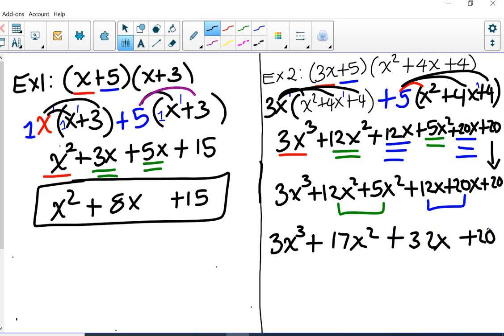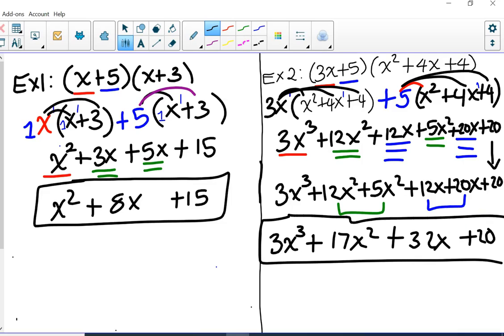Once I'm done, I want to make sure it's in standard form. That means from biggest exponent to smallest. So I'm done. This is my final answer.